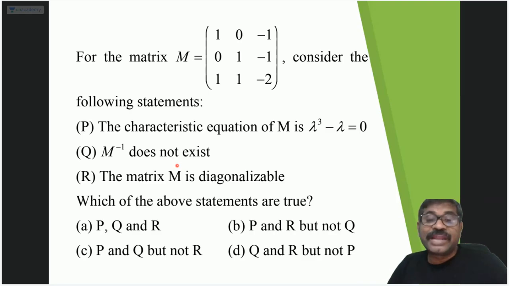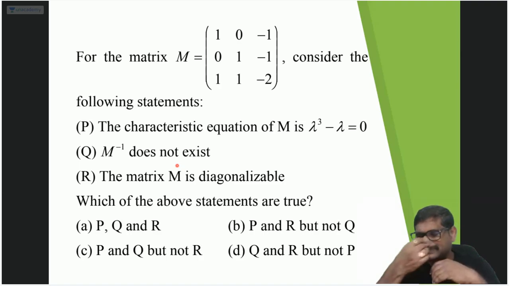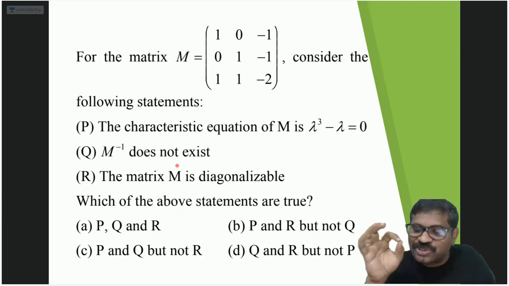For the matrix M, consider the following statements. Characteristic equation of M is lambda cube minus lambda equal to 0. M inverse does not exist. The matrix M is diagonalizable. First, your job is to calculate eigenvalues.